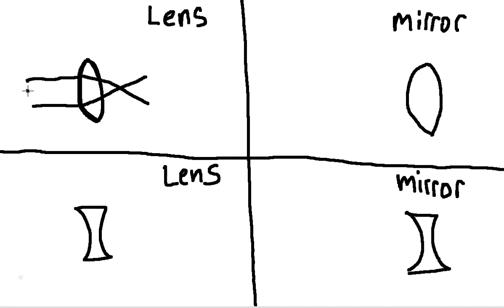Now, if I had a light ray that was just passing right through the center of the lens like this, it wouldn't bend at all because it's hitting this lens in the one spot where it would be at a right angle. So this is along the normal line right here, or the line that forms a right angle with the surface of this object. So this is 3 light rays.